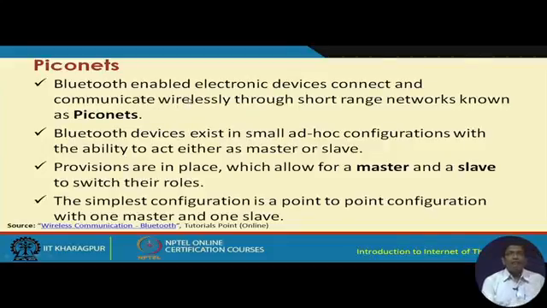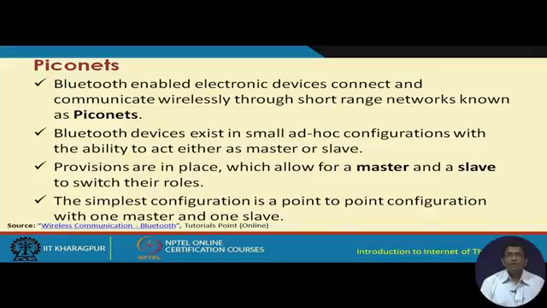we have Bluetooth enabled devices that connect and communicate wirelessly for short range communication. The unit network of it is the piconet. The Bluetooth devices exist in small ad hoc configurations with the ability to act as either the master or the slave. It provisions one master and up to 7 slaves in a particular piconet.